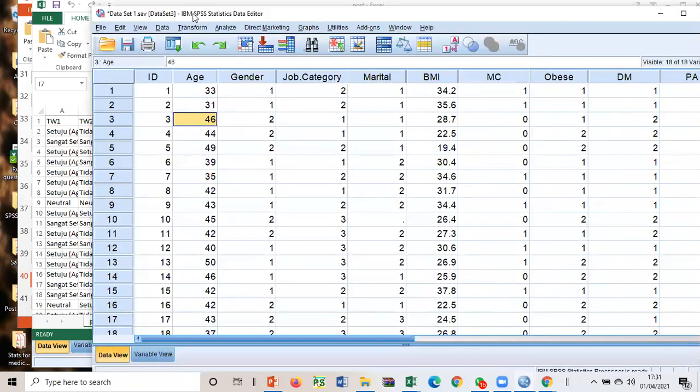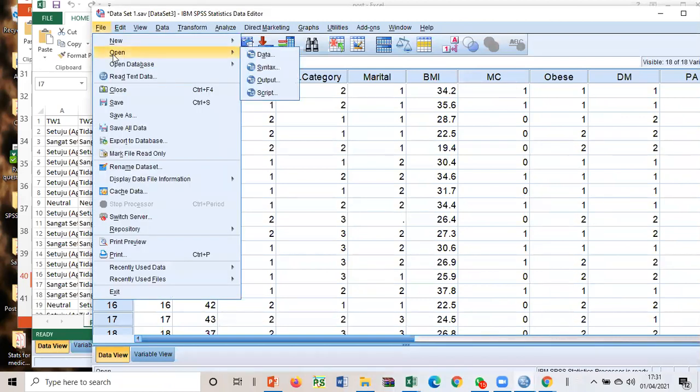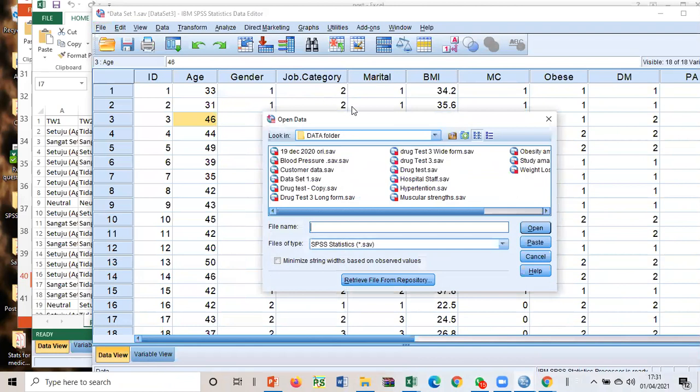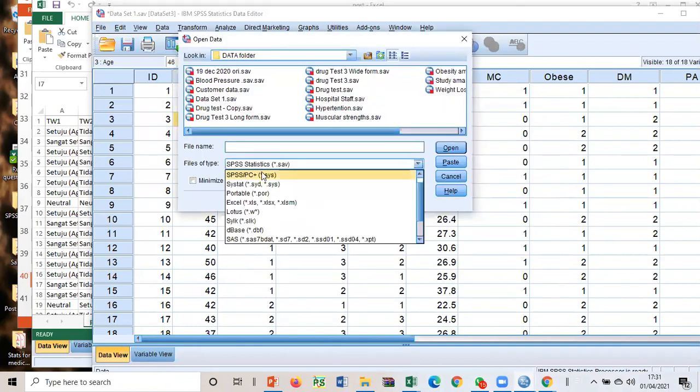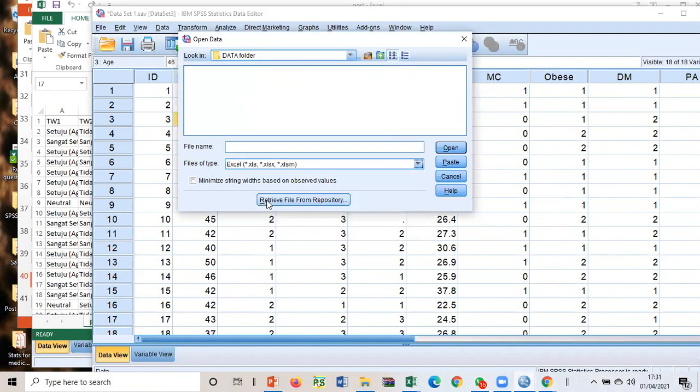In SPSS, go to File, Open, Data. My data is not an SPSS file, it's an Excel file. Location, desktop.